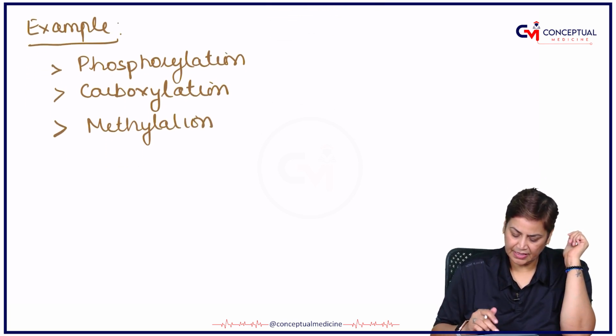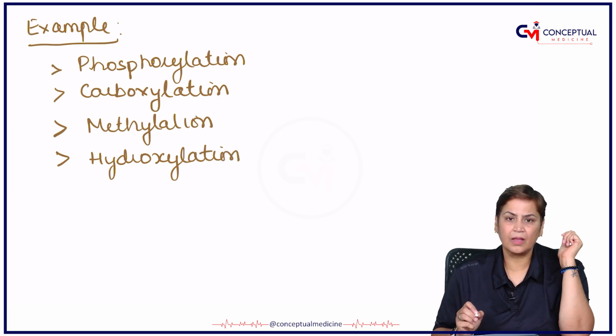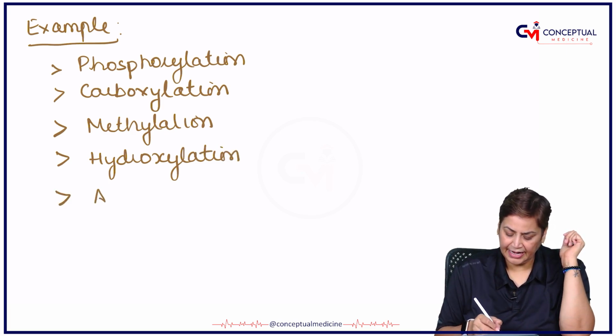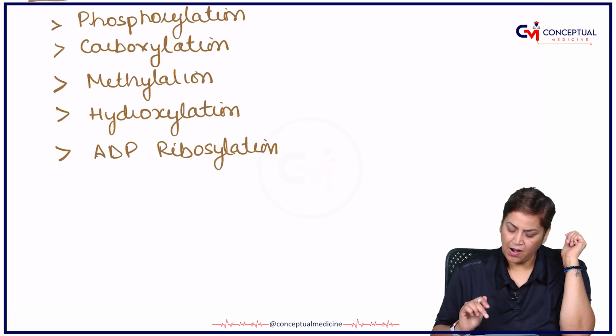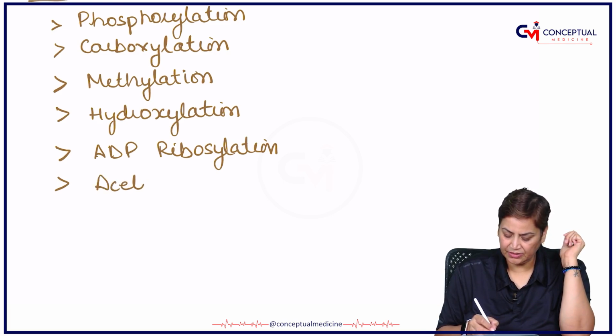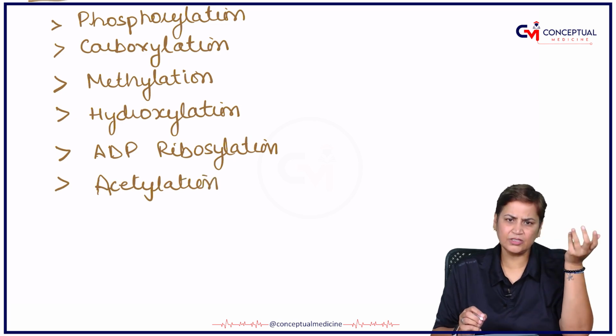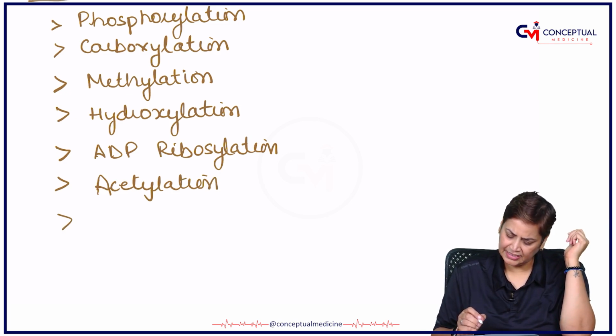Fourth is hydroxylation. Then ADP ribosylation, and acetylation. There are others also, but we are just focusing on the major ones. Then one more along with acetylation, we can simply say ubiquitination.